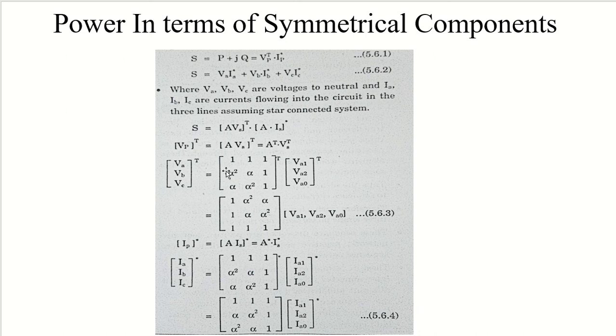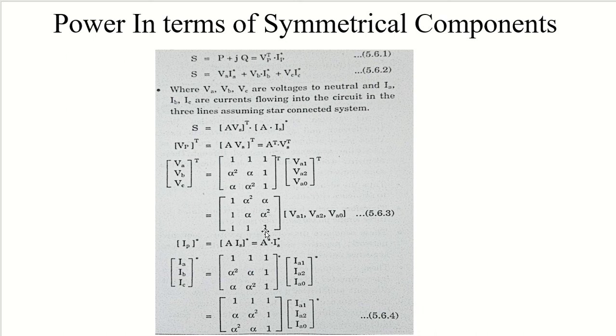So we will write this row this way, and this column this way. We will convert columns to rows to find the transpose, and when we find the transpose, we can show the voltage we get, VPH.